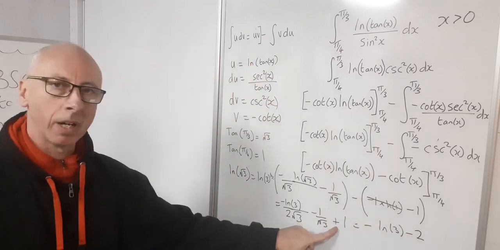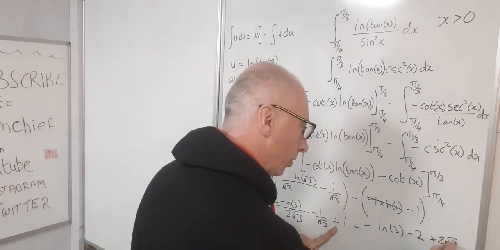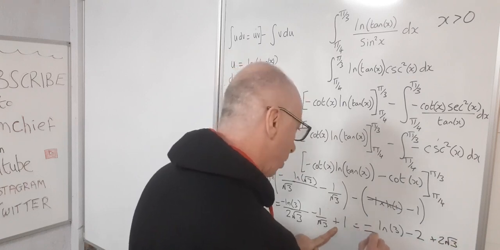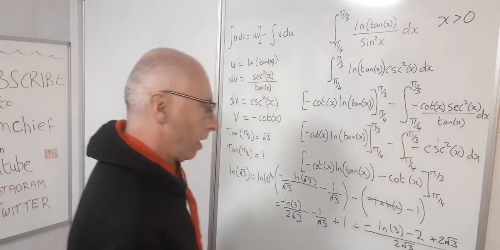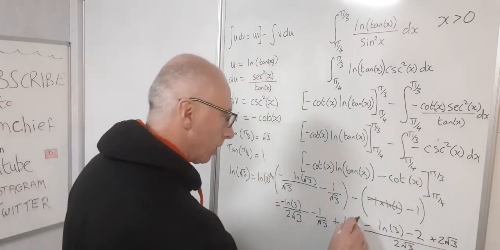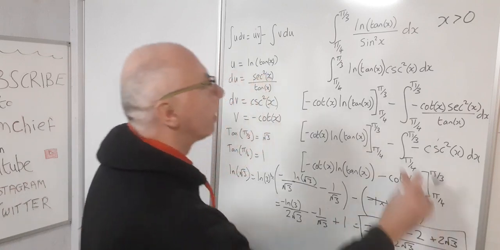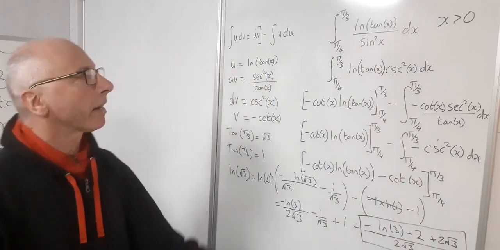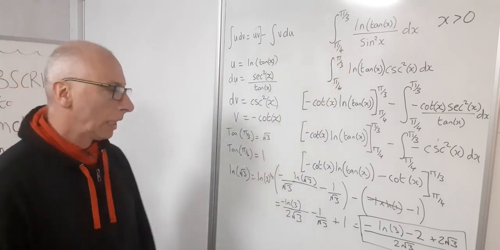And then multiply that by 2 root 3, so now I'm going to add 2 root 3. And then that's all going to be over 2 root 3. So that would be the answer to this integral here: log of tangent x sine squared x, pi over 3 to pi over 4.